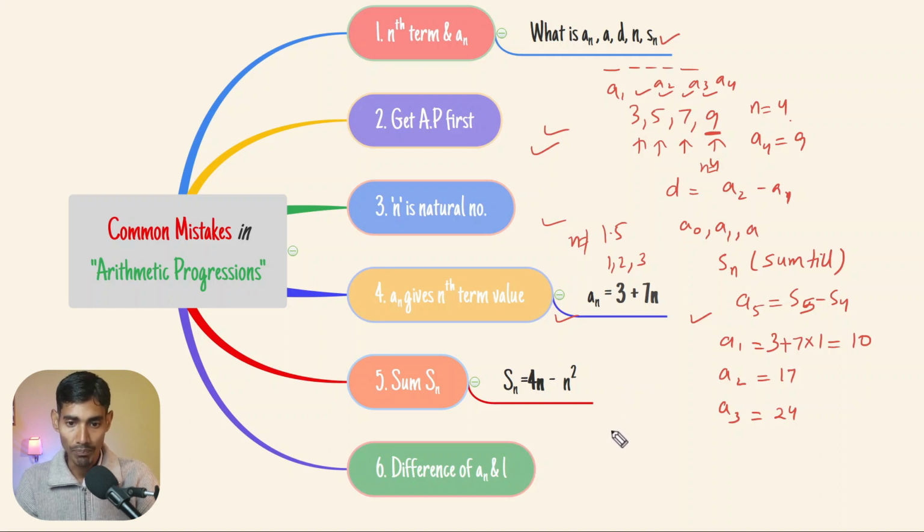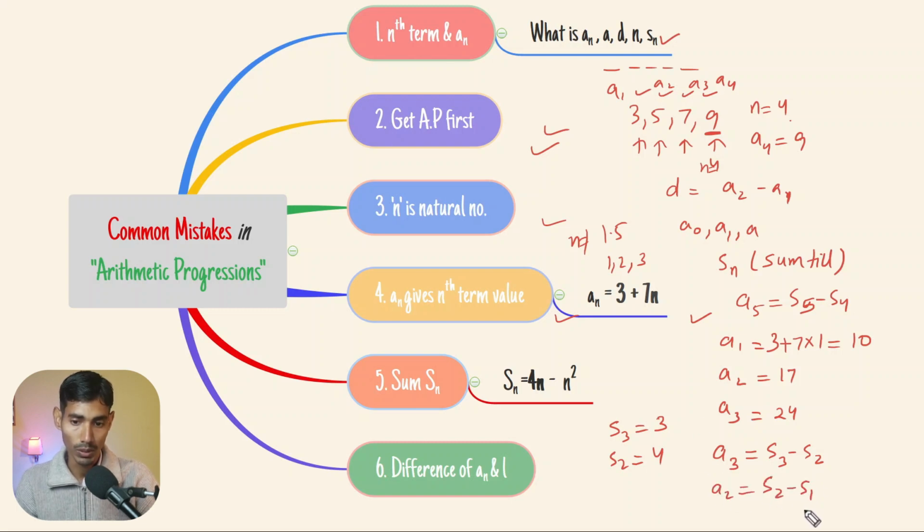Now, the important thing here is, suppose you are given S3. You can calculate S3. So that would be 3 times 4, 12, 12 minus 9 is 3. S2 would be 8, 8 minus 4 is 4. Now, how can we get the A3 value here? S3 minus S2. Any A value you want, suppose you want A2, what will we do?